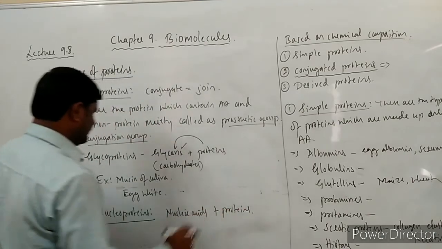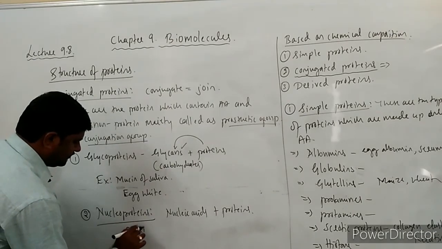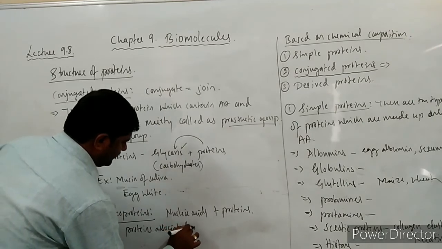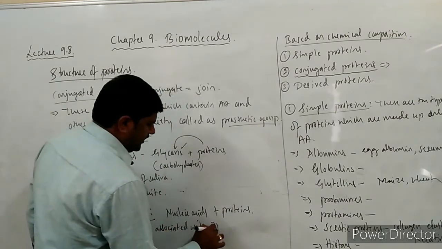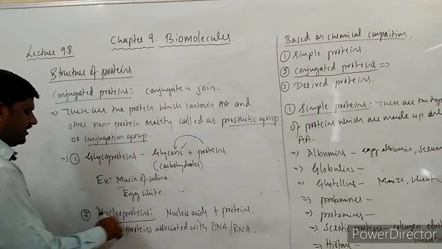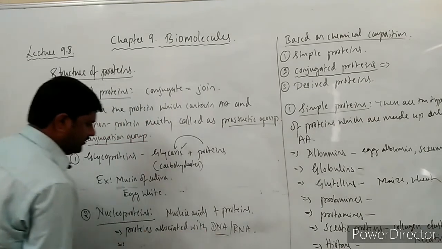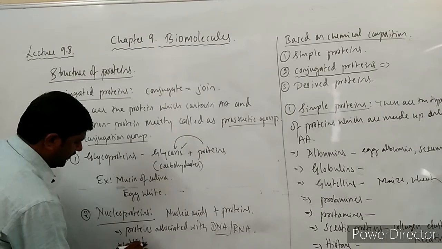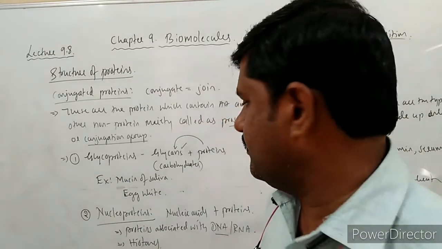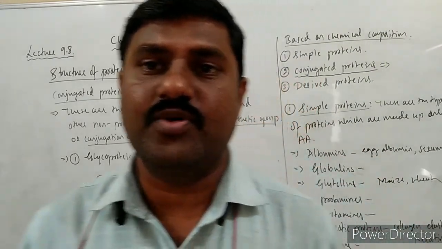Proteins associated with DNA or RNA are nucleoproteins, especially DNA. As you know, histones are the proteins associated with nucleic acids, so they are nucleoproteins.